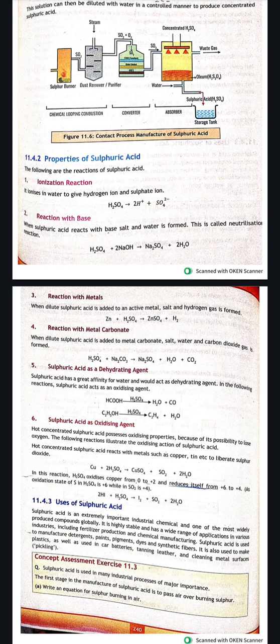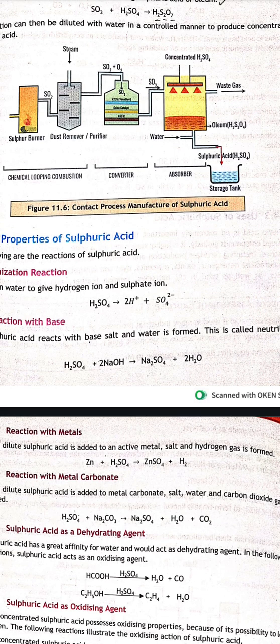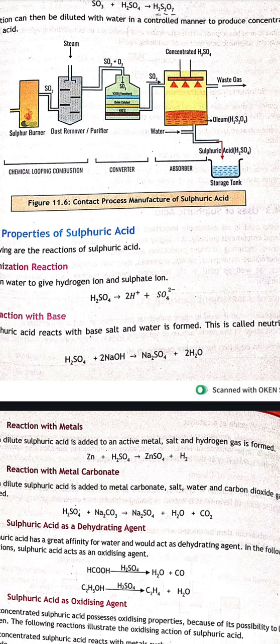Okay, chemical looping combustion, converter and absorber. Here in this diagram we have the sulfur burner, and the SO2 is given to the purifier, and steam is also provided in this chamber. Then this SO2 will react with the oxygen in the presence of vanadium pentoxide as a catalyst at 450 degrees C temperature.